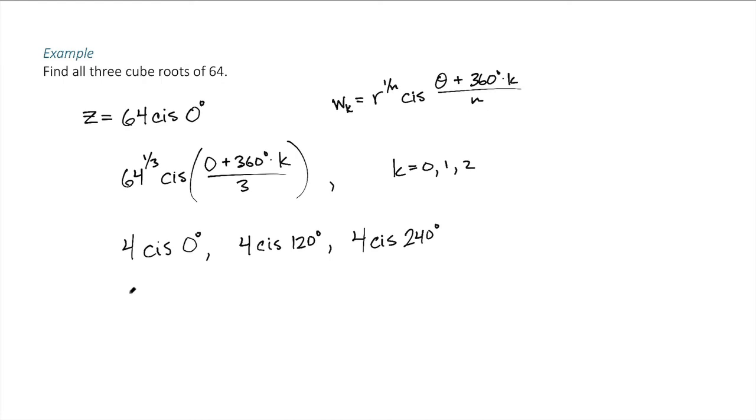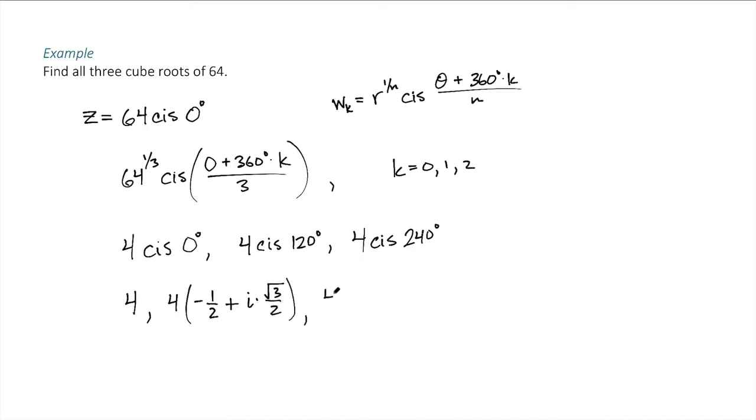So this is 4 cis of 0, which is just 1. And then here we've got 4 times the cosine of 120, which is negative 1/2, plus i times the sine of 120, which is root 3 over 2.